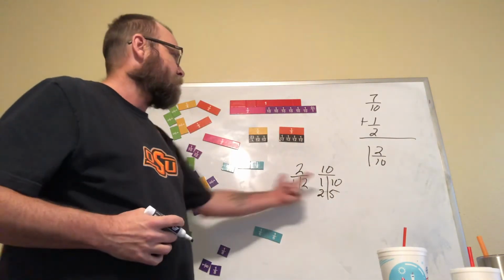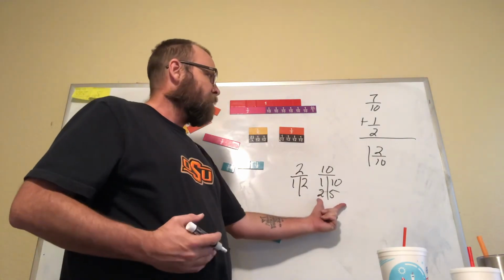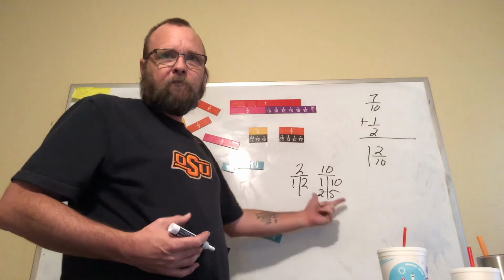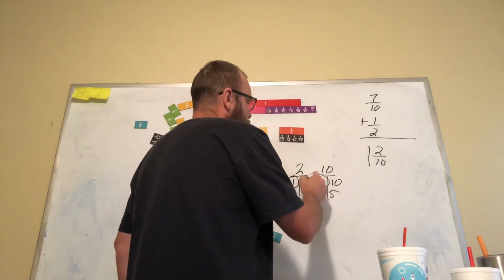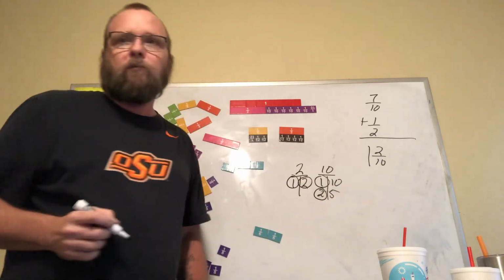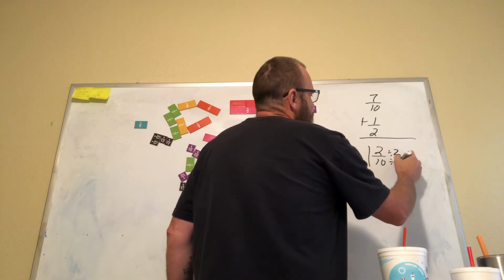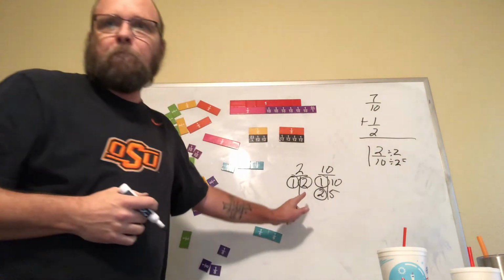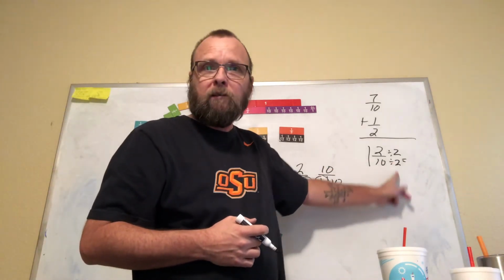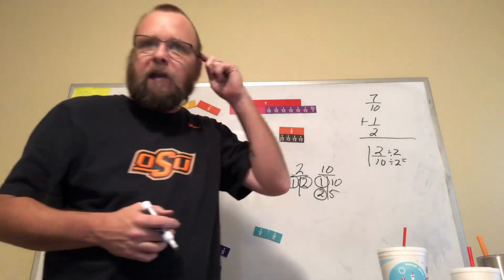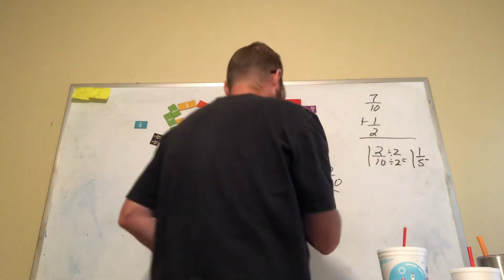We find the biggest one they have in common, which is 2. So now I know that I can divide both my numerator and denominator by that greatest common factor. I'm dividing by 2 over 2. So this is going to simplify to 1 and 1/5.